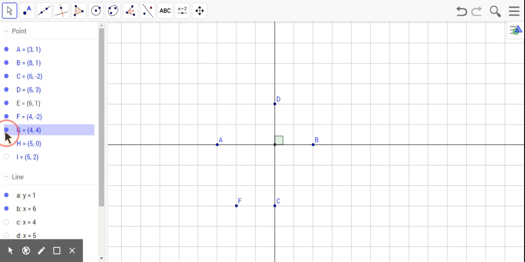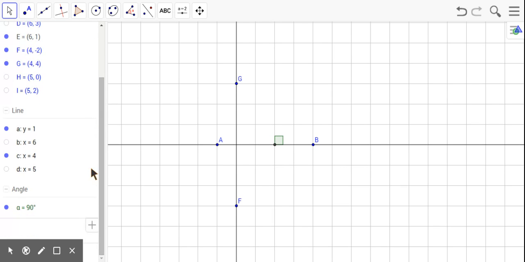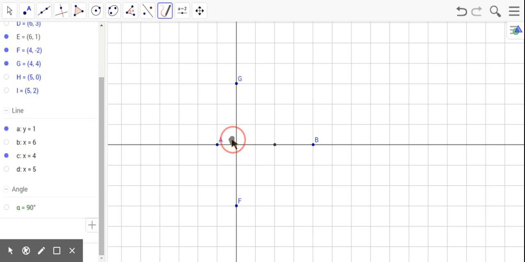Next, I want to look at this line here. So get rid of that, and I will get rid of this angle. Line AB and line FG here are intersecting. And what I'm going to tell you is that this angle right here and this angle right here, they are congruent.